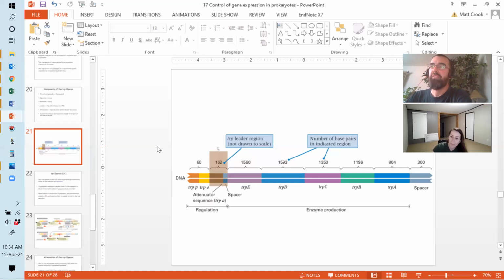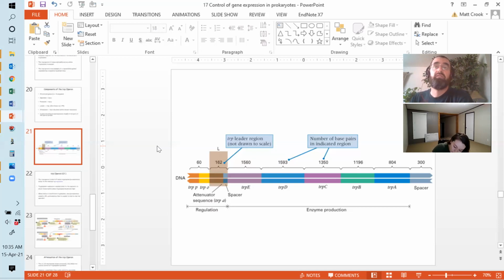Anyway, okay, so transcription and translation are coupled, in that the mRNA has two trp codons, so that the ribosome will only continue translation if there is enough charged trp tRNA present.